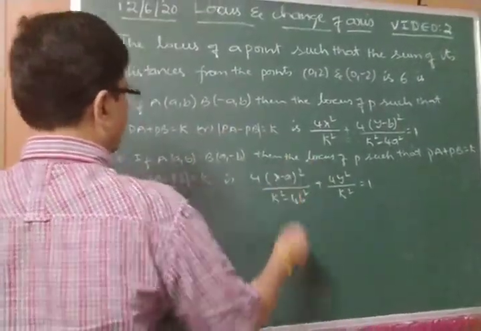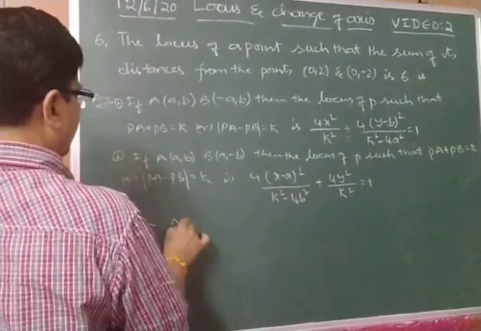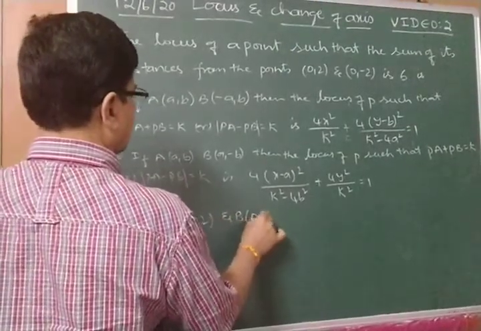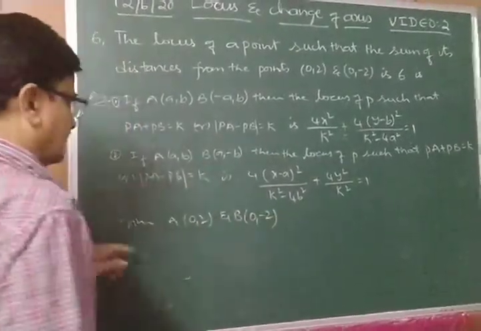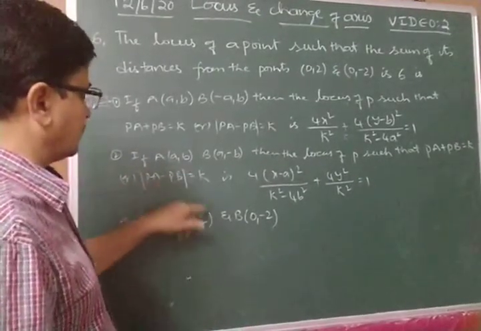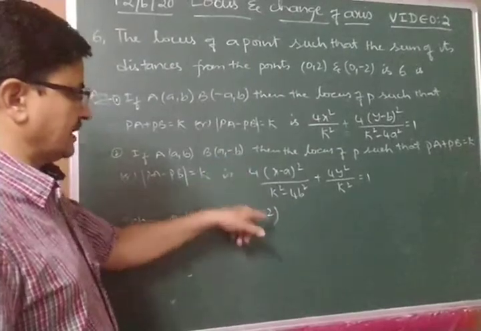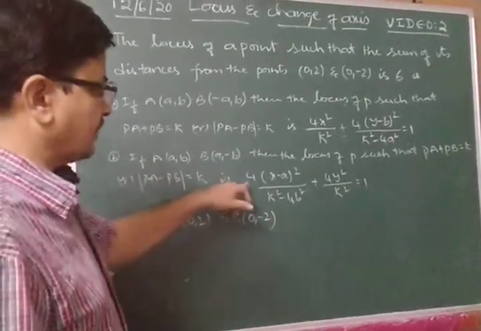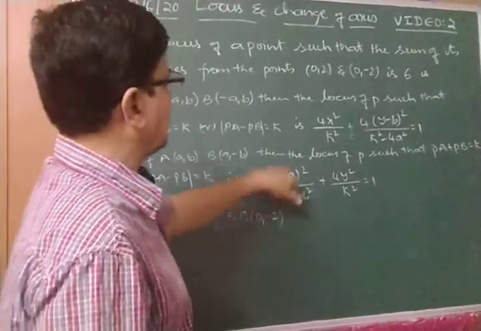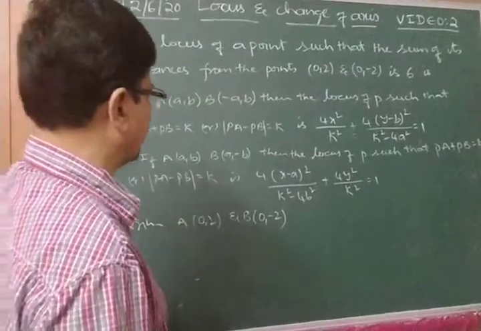These are the two formulas given, where A is (0, 2) and B is (0, -2). So this is of the second model, where a is 0, b is 2, and -b is -2. So we apply this formula where k is 6 units.